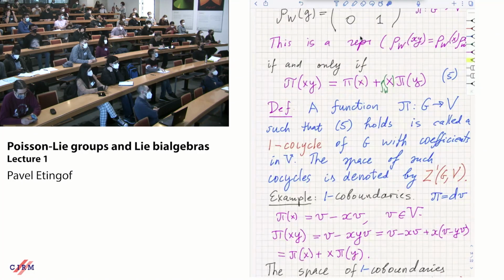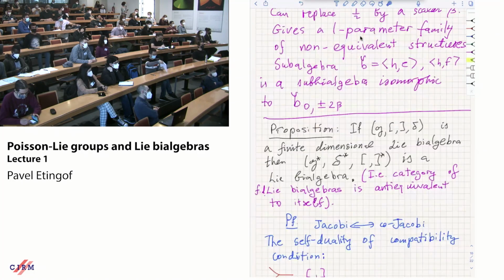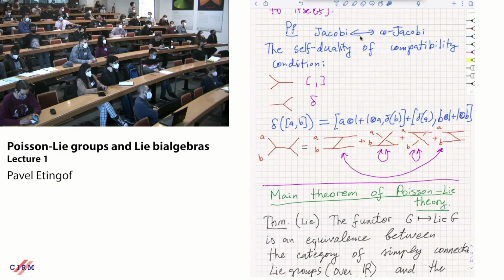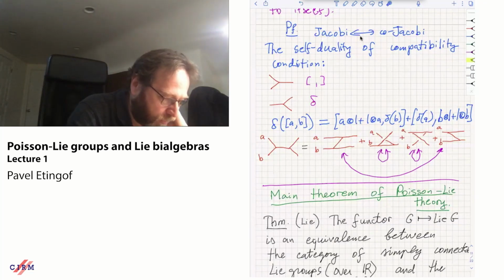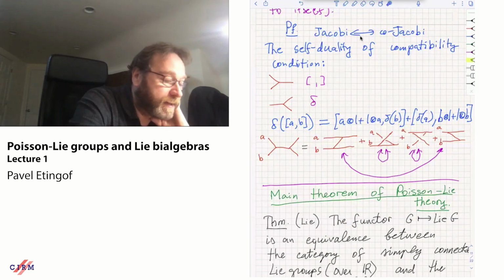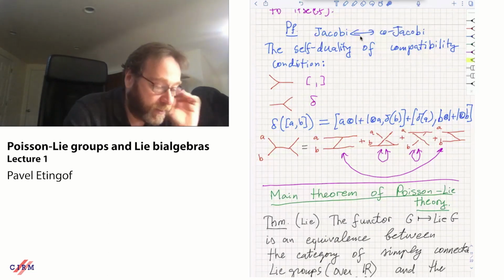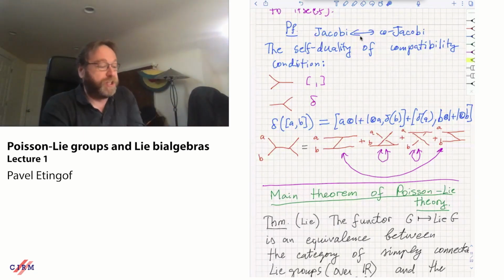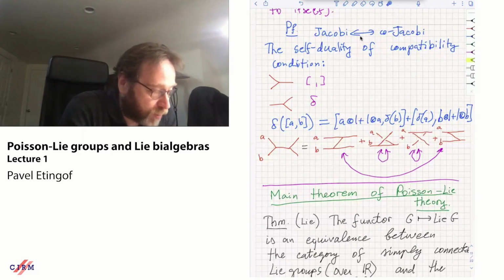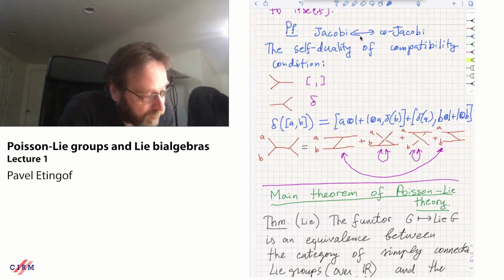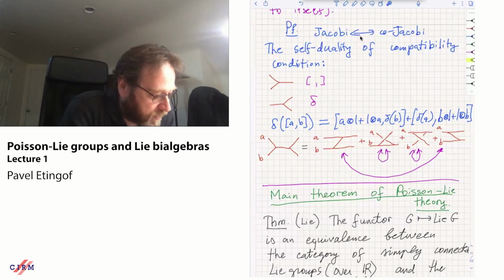Right. So I need to show that this axiom, which is the compatibility condition between delta and the commutator, is invariant with respect to switching delta and the commutator, or rather replacing the commutator with the dual of delta and delta with the dual of the commutator.